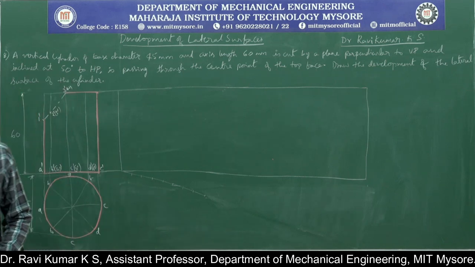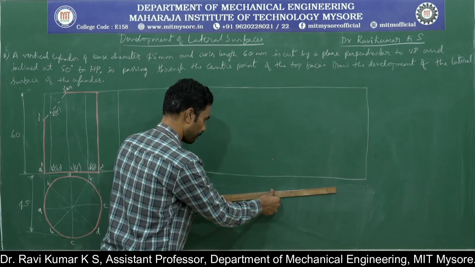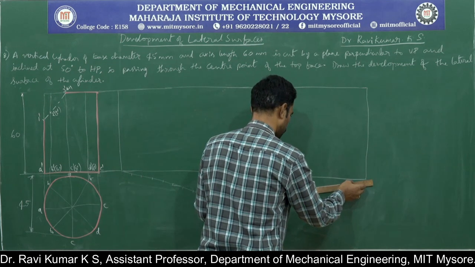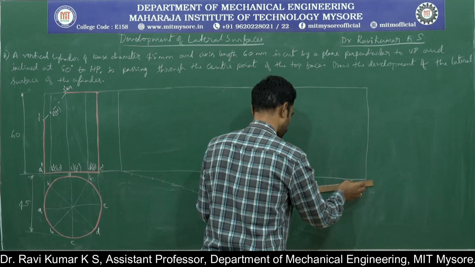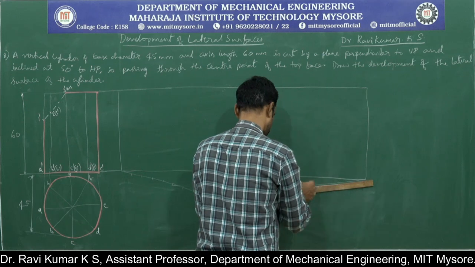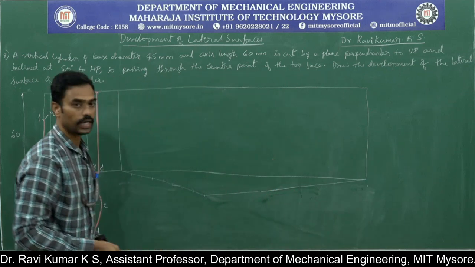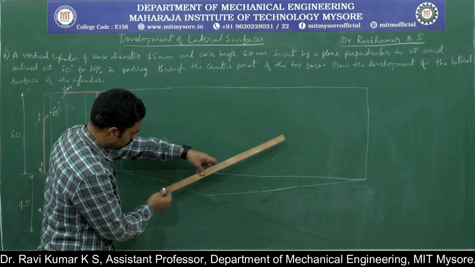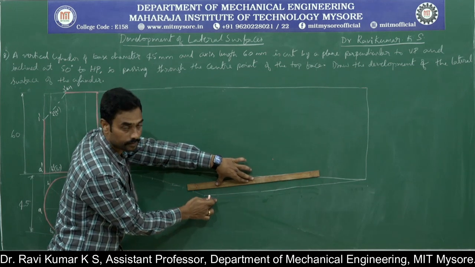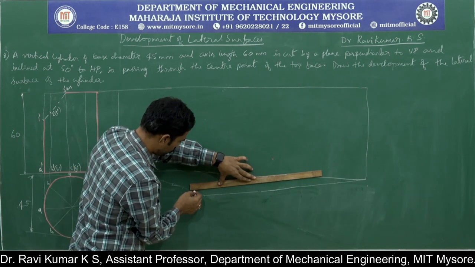Now just join this with a straight line, something like this. Now keep the scale on this particular point. Draw a line which is parallel to this line, parallel to this particular line, which will be something like this.